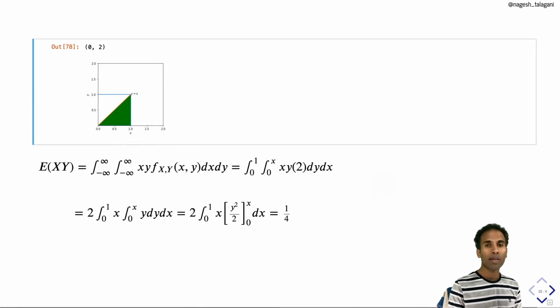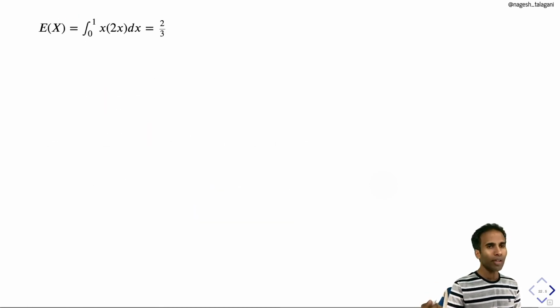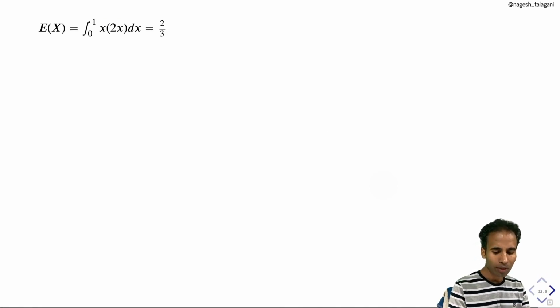Okay, now let's compute expectation of x, expectation of y, and variance of x and variance of y. Expectation of x using marginal PDF of x, that we got 2x, right? So and support of x is 0 to 1, so we are integrating. So this is like x times f of x.